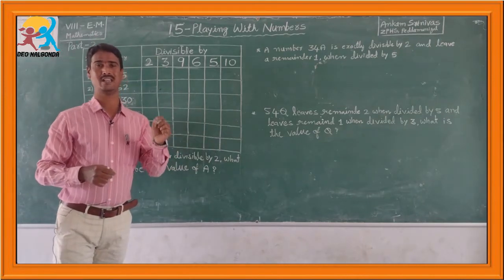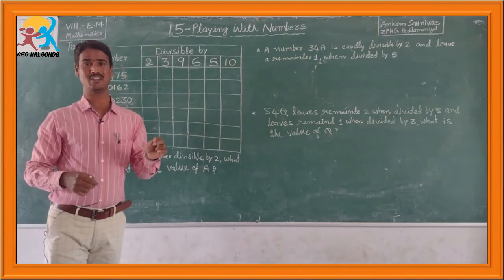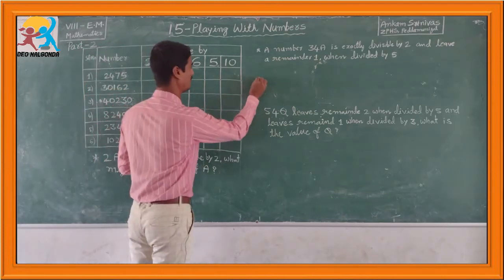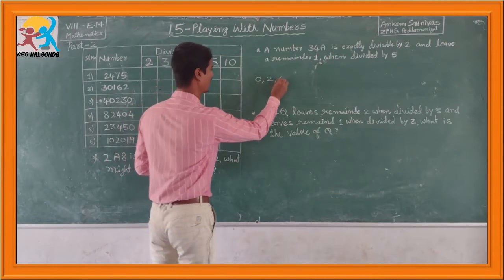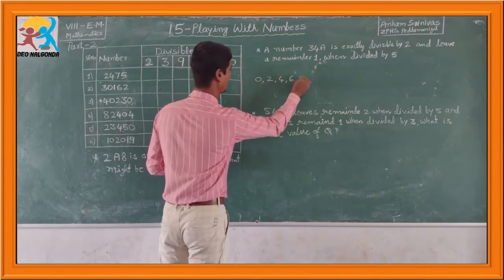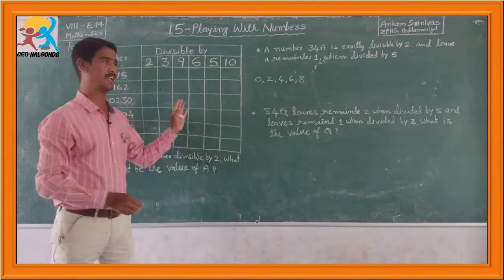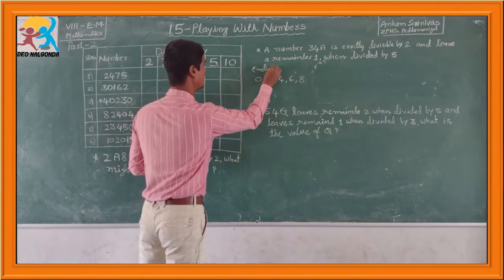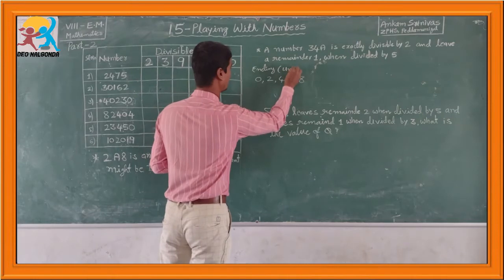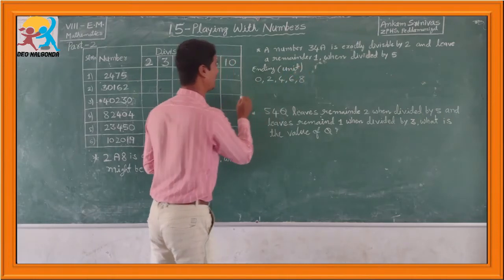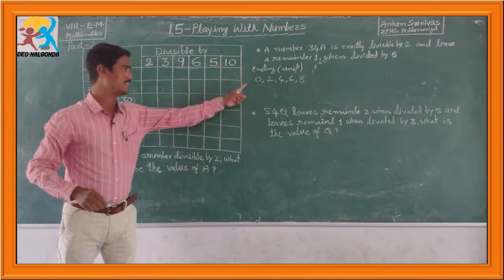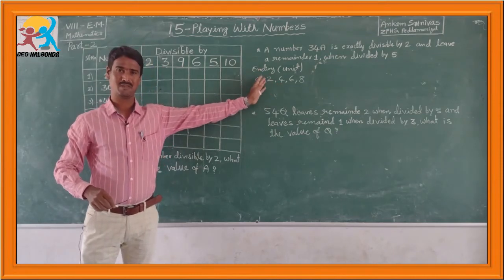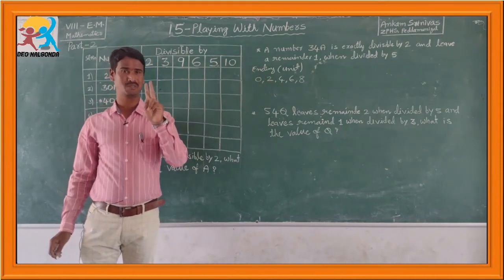A number ending with, or if the unit digit is 0, 2, 4, 6, 8. Ending means unit digit. A number with unit digit 0, 2, 4, 6, 8, those numbers are divisible by 2.